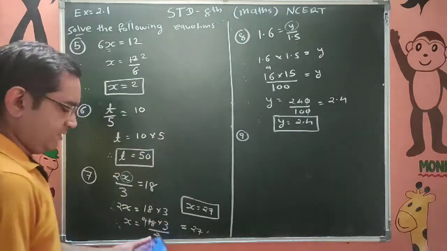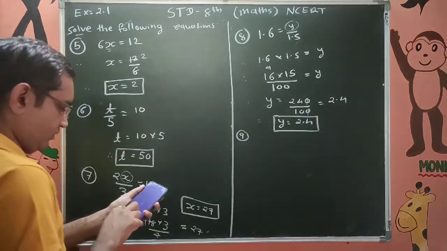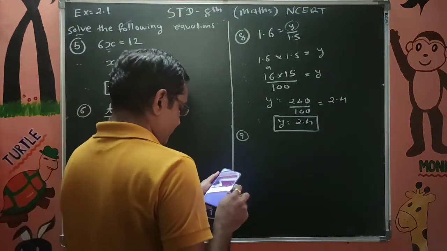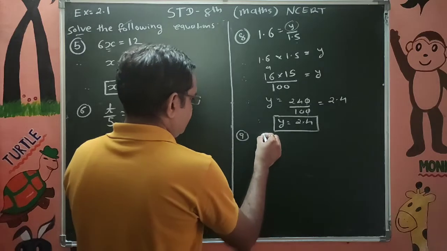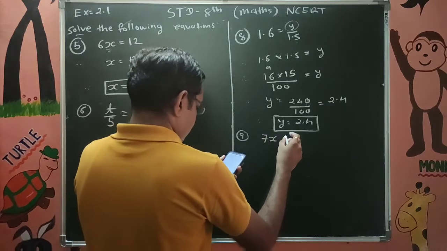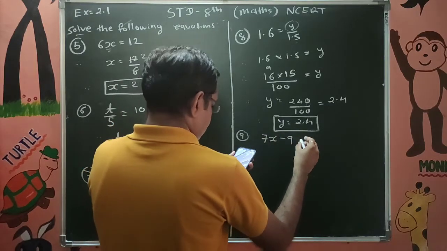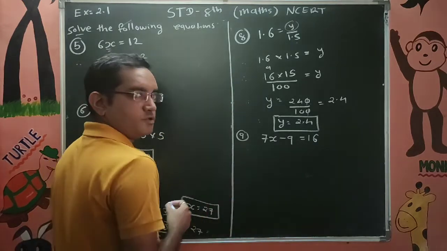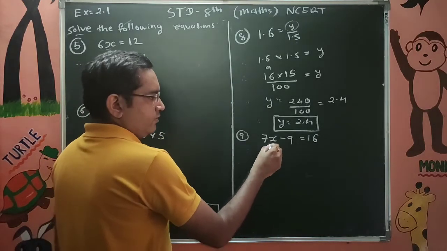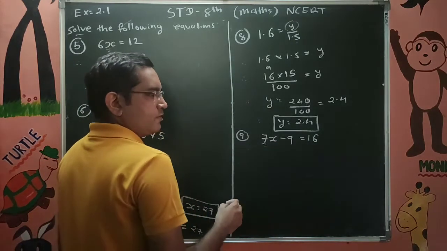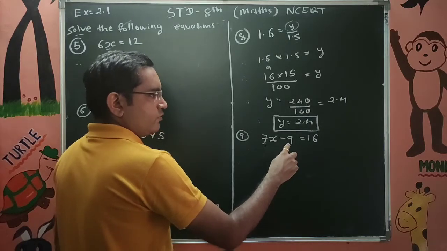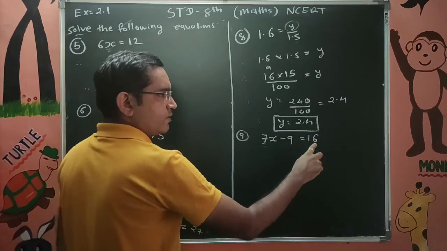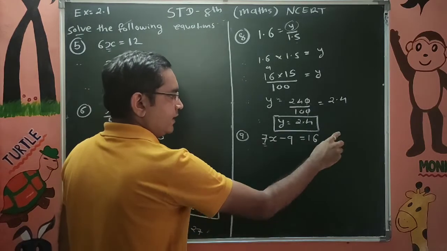Now question number 9. We are given 7x minus 9 equal to 16. Very simple sum, students. Here we are given this 7 is in multiplication and this 9 in subtraction. So first you have to convert this minus sign into plus sign by taking this minus sign on the right hand side.